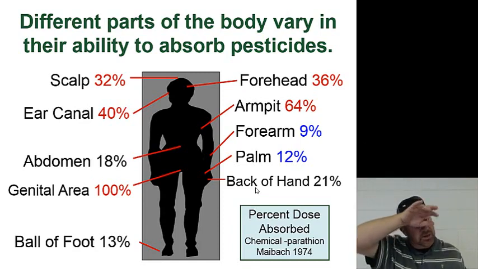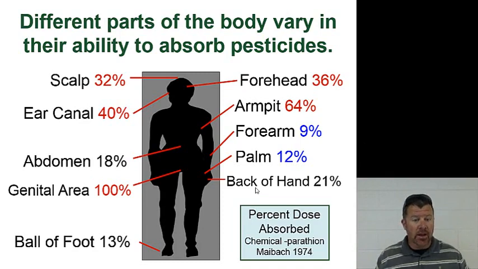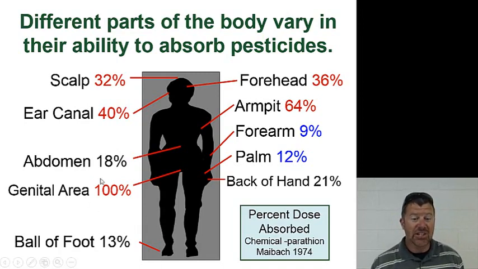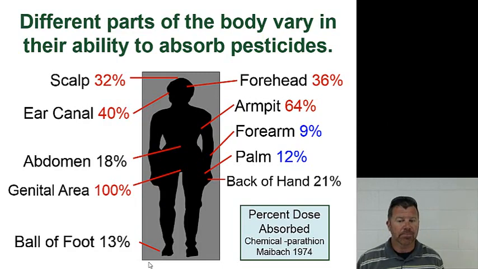But he goes up here and he wipes his forehead and rubs his scalp. Look how much more of that part of his body can absorb that pesticide. And even worse, what if this guy did not wash his hands before going to use the bathroom? He can actually absorb 100% of the pesticide in the genitalia area. Scary thinking about that.